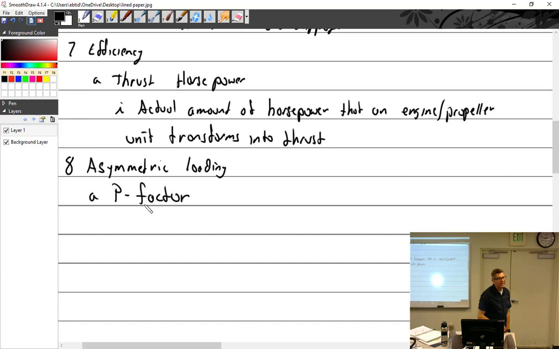But from a mechanic's standpoint, which is where you really have to focus your thoughts, if you're trying to adjust or measure blade angles on any sort of propeller, and that engine or aircraft is sitting at anything other than perfectly level, then the two sides aren't going to be the same.